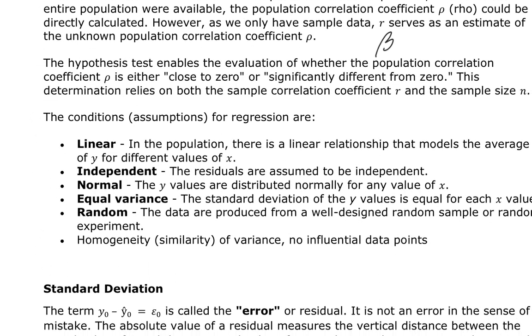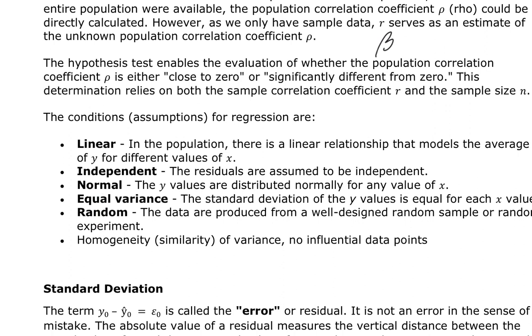There are some assumptions we have to make when doing a linear regression hypothesis test. First, it has to be linear: there has to be a linear relationship that models the average value of y for different values of x. They have to be independent, so the residuals are assumed to be independent.